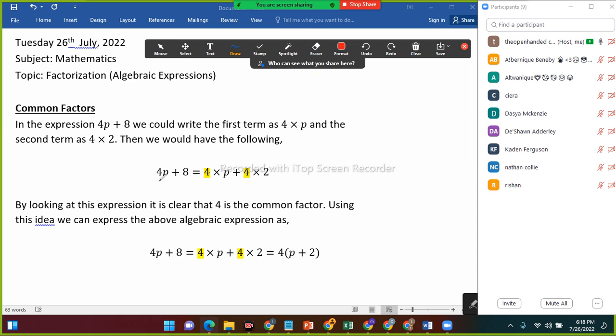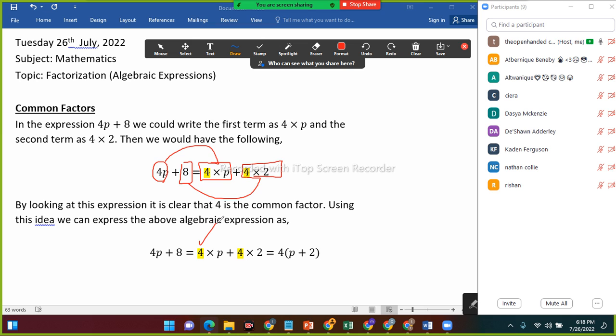is that we took 4P and we split it into 4 times P, and we took 8 and we split it into 4 times 2. Now once we do that, we recognize that 4 is in both of them.